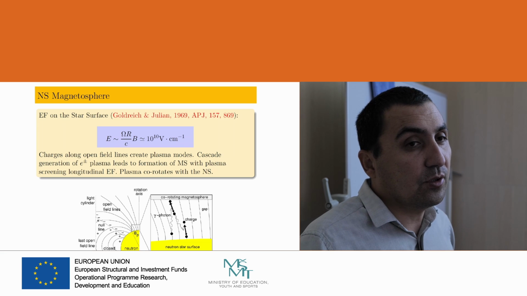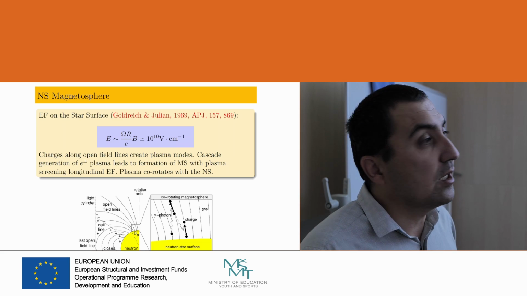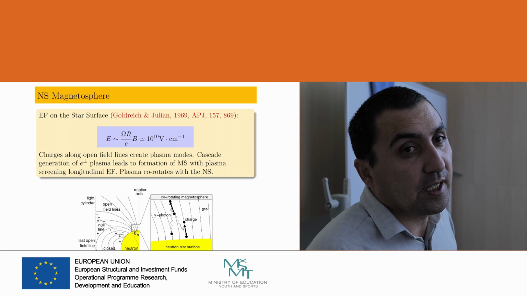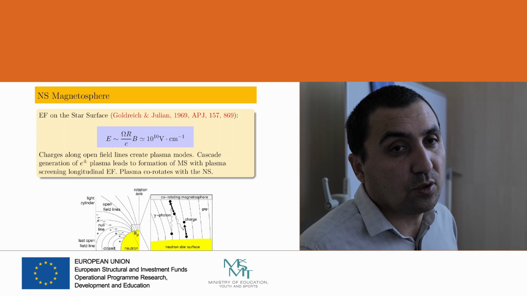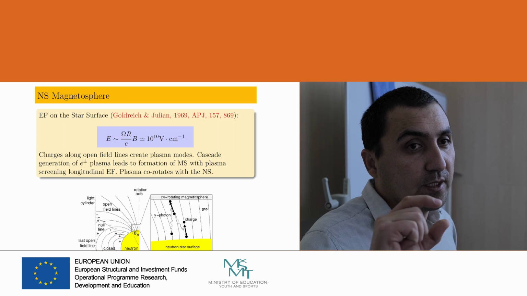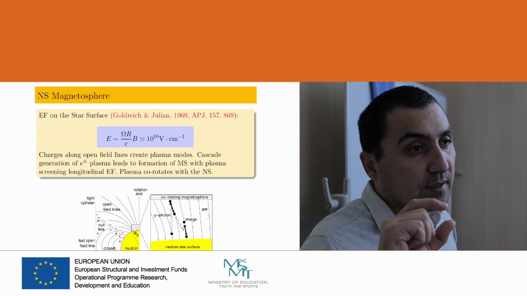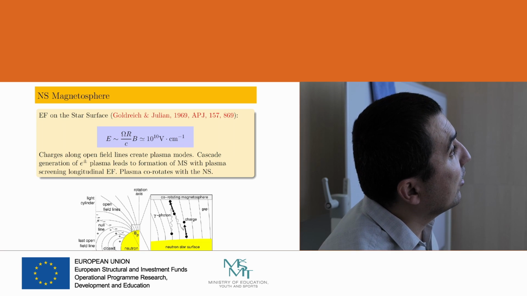An electron can be accelerated up to 10 billion electron volts, 10 giga electron volts, in 1 centimeter distance.